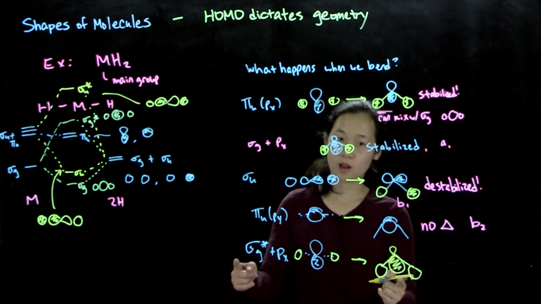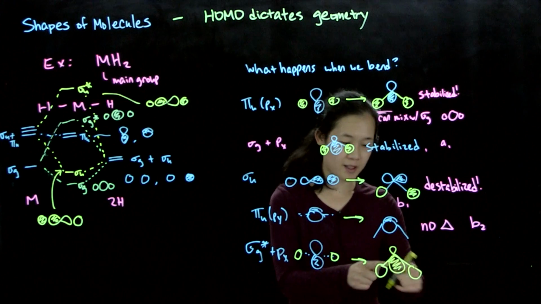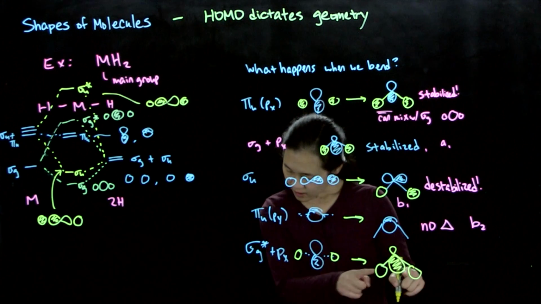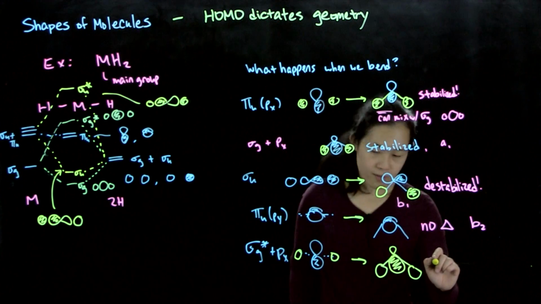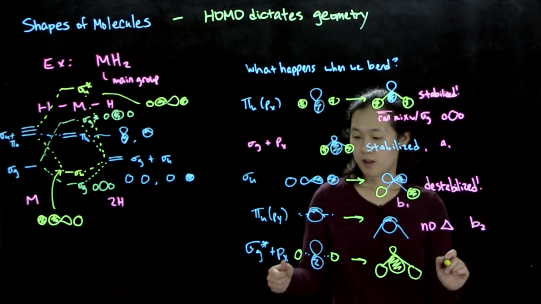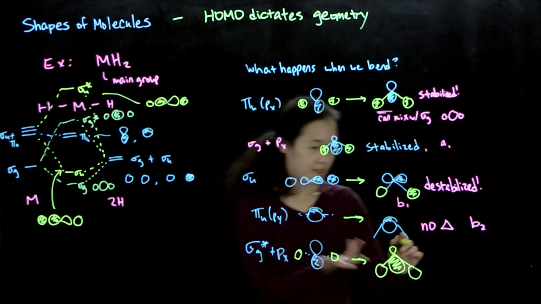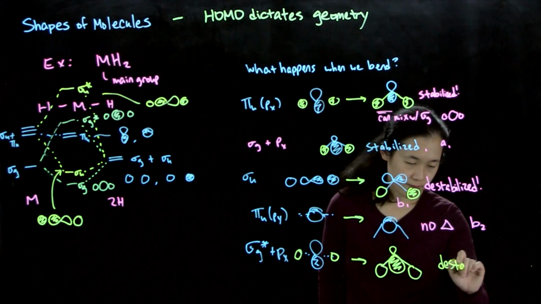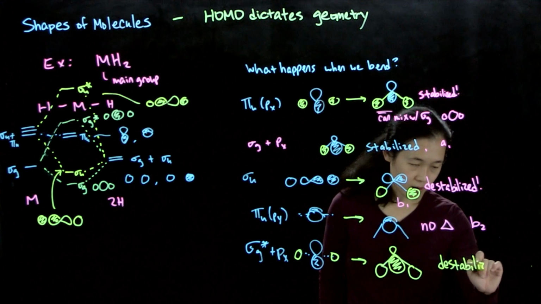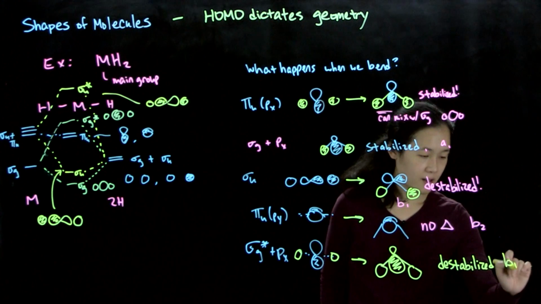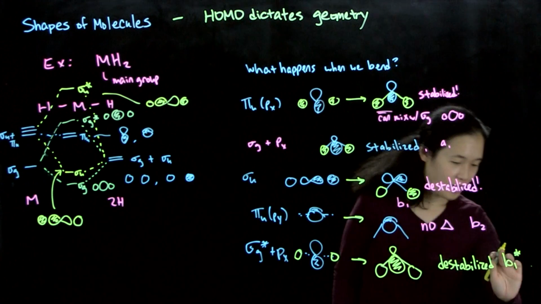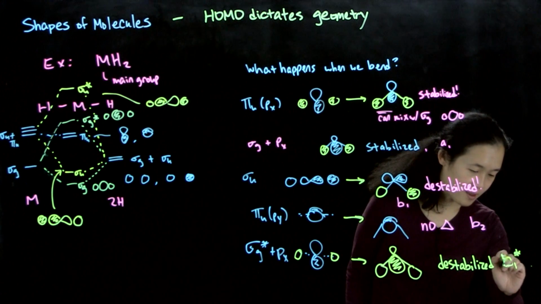So this is mixing with the sigma g star. This is the out of phase combination. And so overall, going from here to here is destabilized compared to the px. So this is more antibonding. So this is destabilized. And then this is the A1 star. Sorry, mistakes everywhere. A1 star.